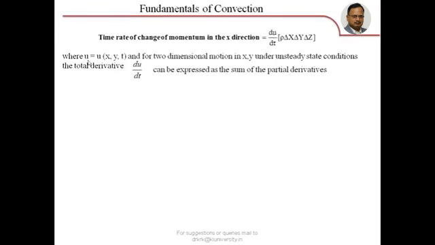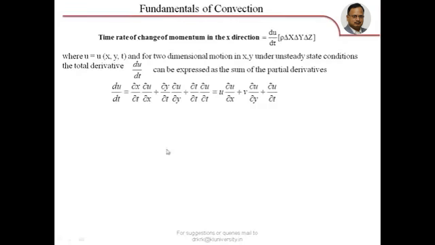Where the velocity u is a function of x, y, you can take z also, and time. Because I have considered only 2 dimensions, I have taken u of x, y, and t. T is the time under unsteady state condition. Now the total derivative of u, du by dt, can be expressed as the sum of its partial derivatives.